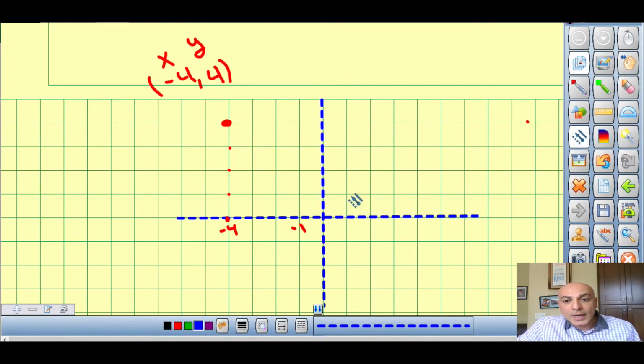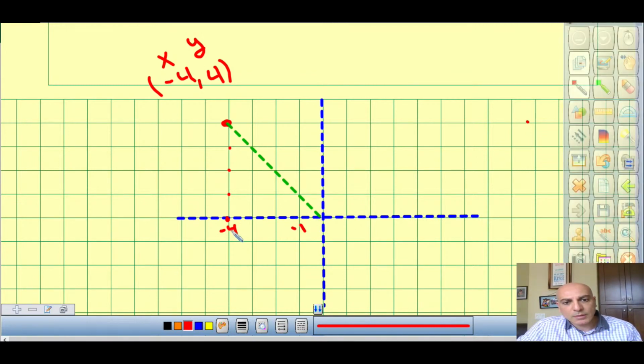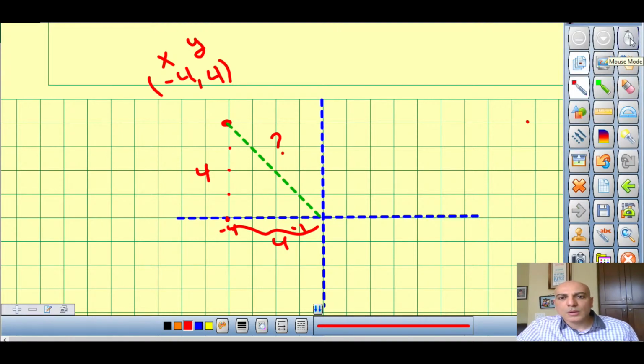I'm not going to ask you to do it. I'm just saying, what if I want this length here? How much would that be? Pretty interesting. So we got a 4 down here. That's a 4. This guy's 4. How much would this be? What can I use to get this one? Okay.